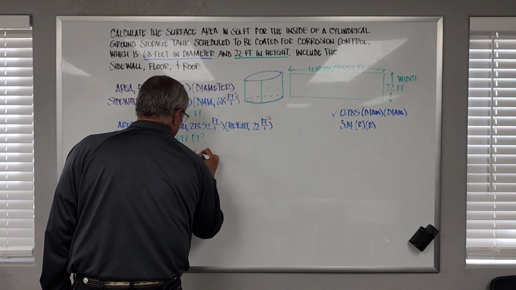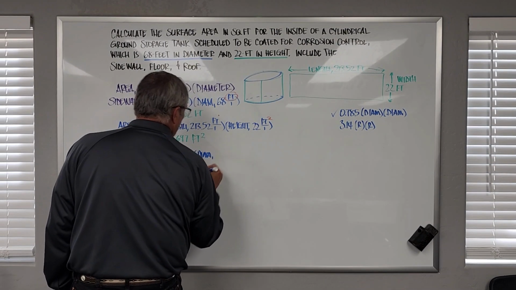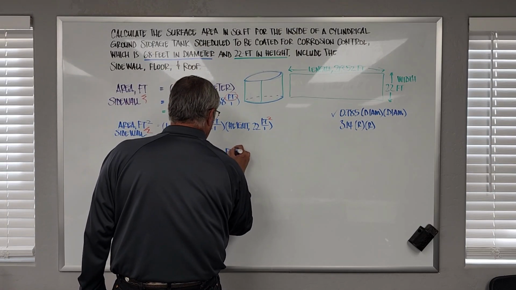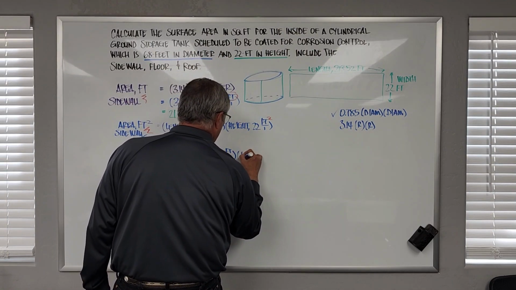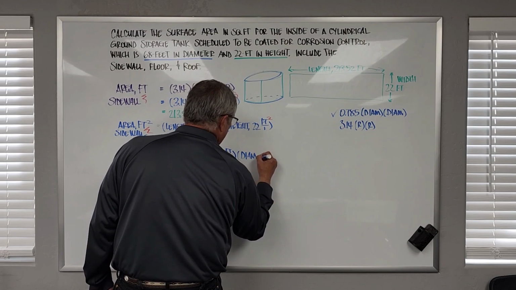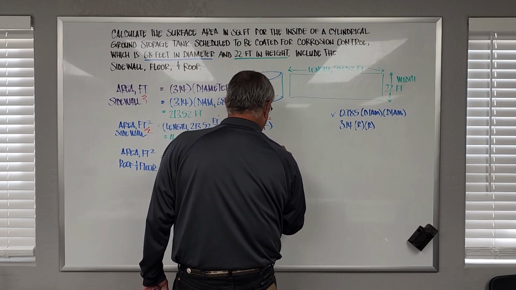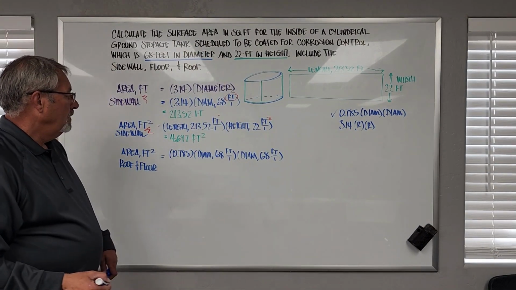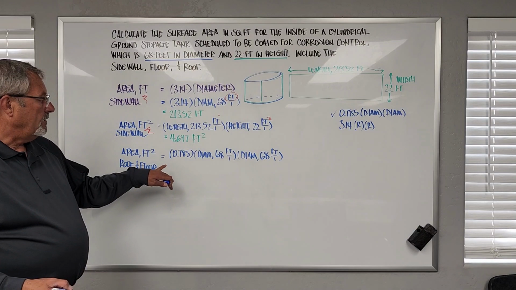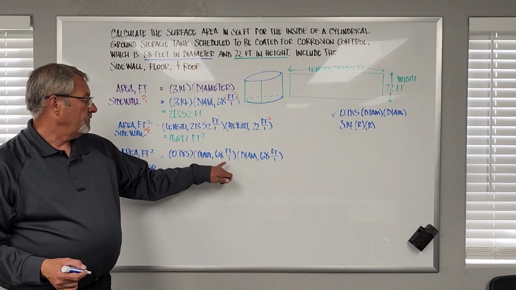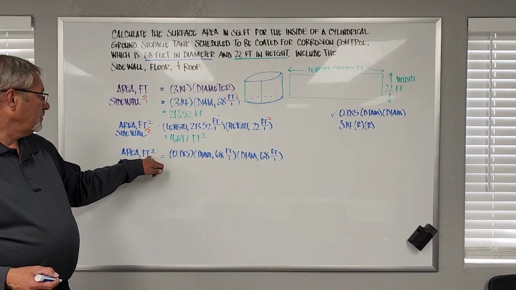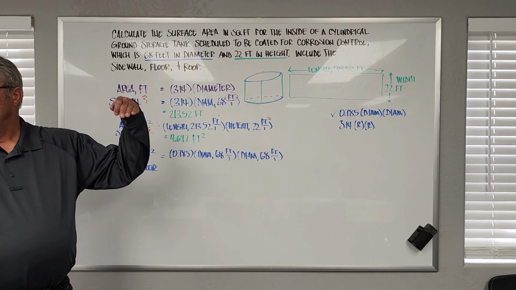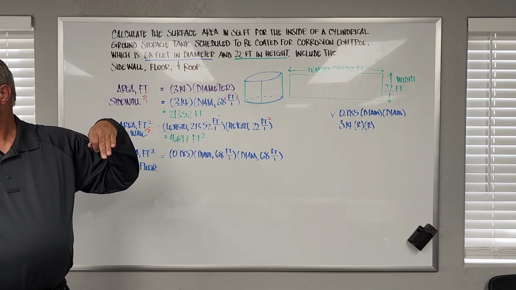0.785. So my formula is 0.785 times the diameter, which is 68 feet. And I write that 68 feet over 1. And then we're going to multiply it by the diameter again, 68 feet over 1. Now, if I multiply this out, I'm going to get the square footage of the floor or the roof, right?